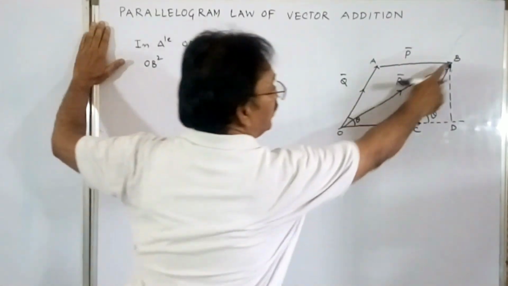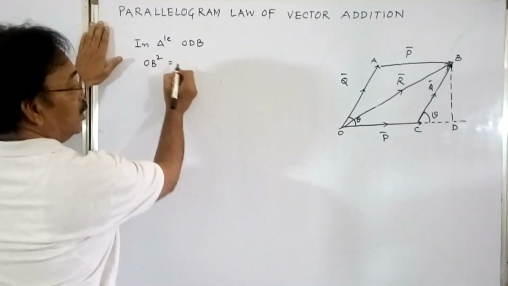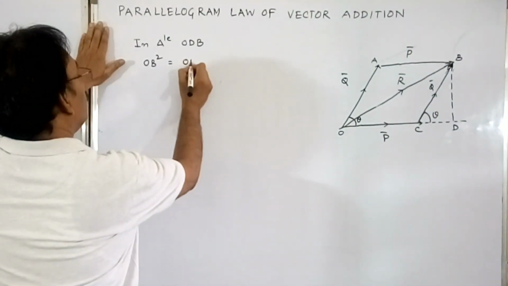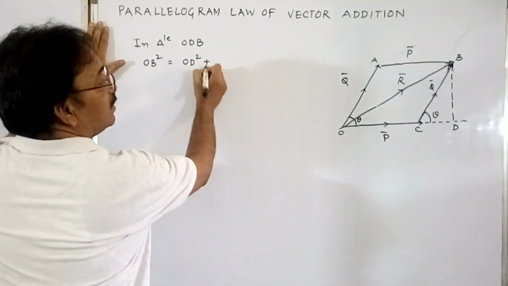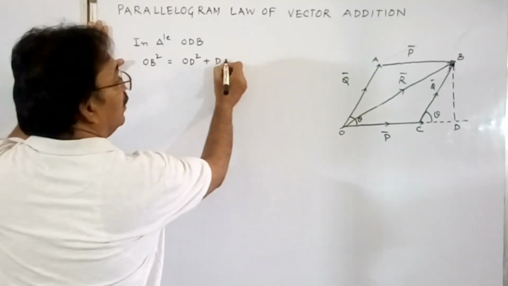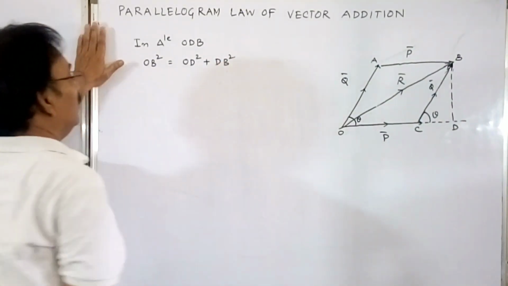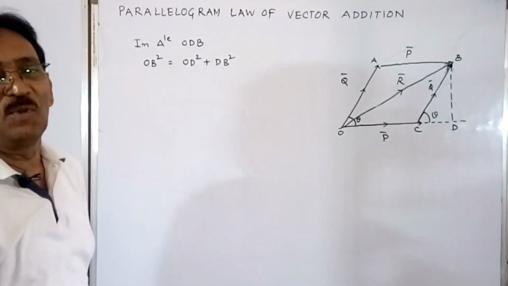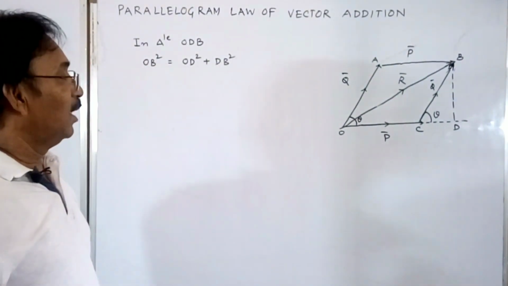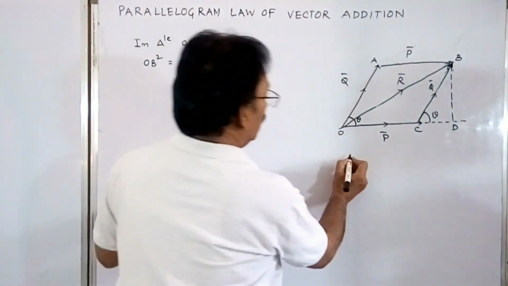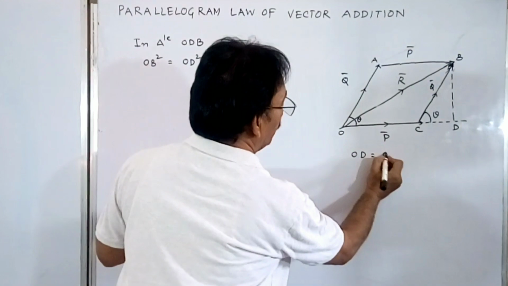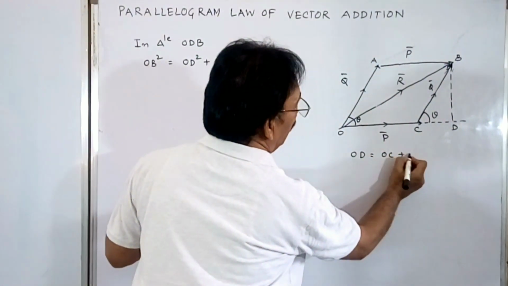OB squared is equal to OD squared plus DB squared. You are aware of this. From first class you are learning about the Pythagoras principle. But if you watch it carefully, you will find OD is equal to OC plus CD.